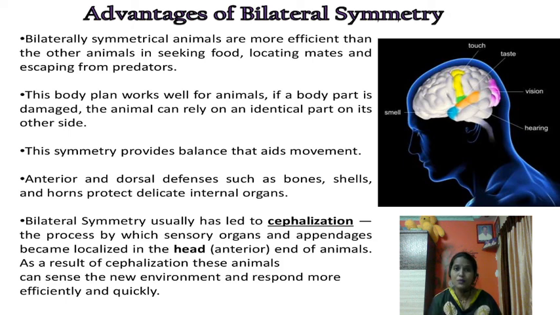The process by which sensory organs and appendages became localized in the head, that is at the anterior end of the animal. As a result of cephalization, these animals can sense a new environment and respond more efficiently and more quickly. So these are the important advantages of bilateral symmetry.